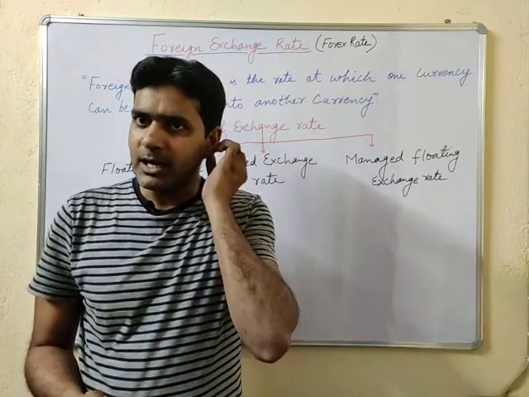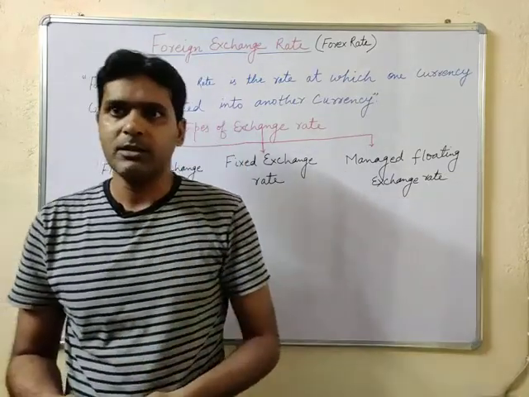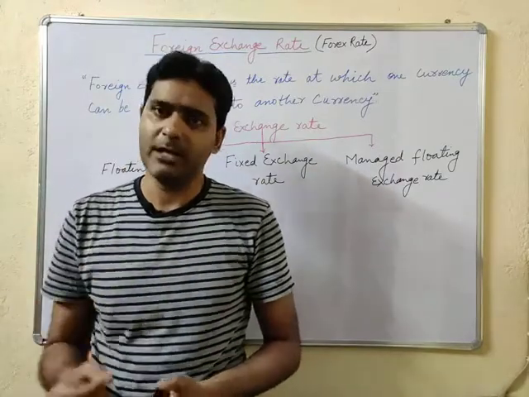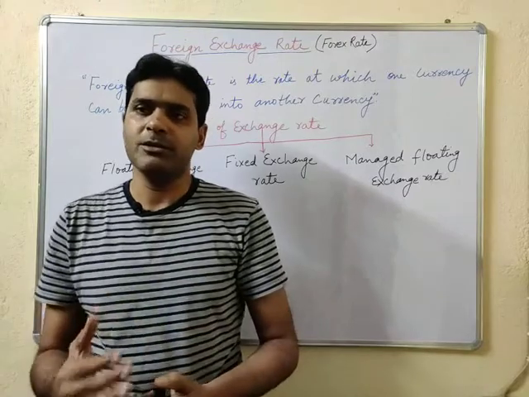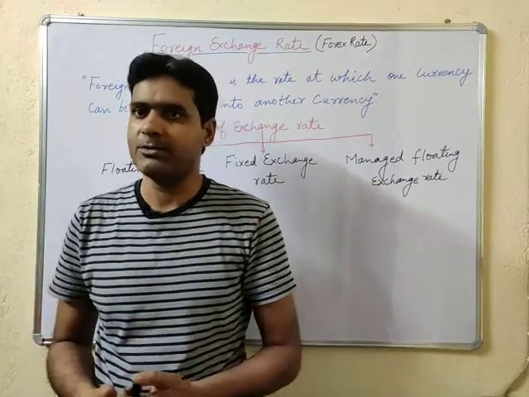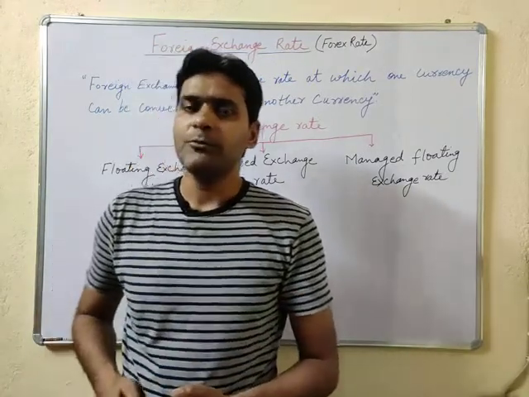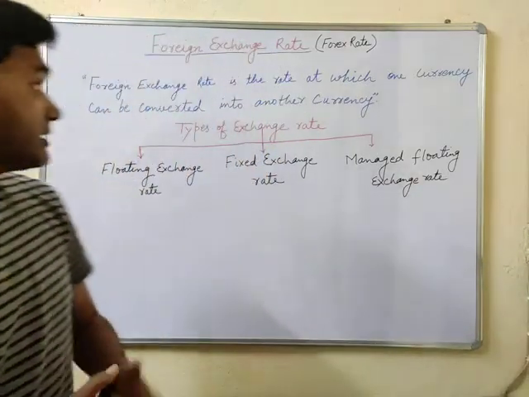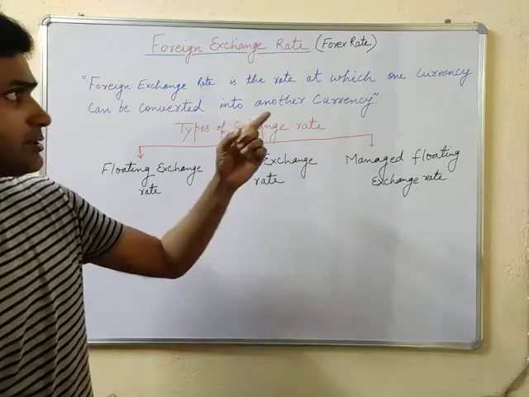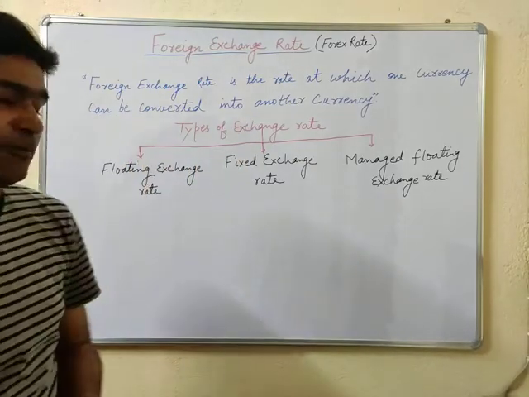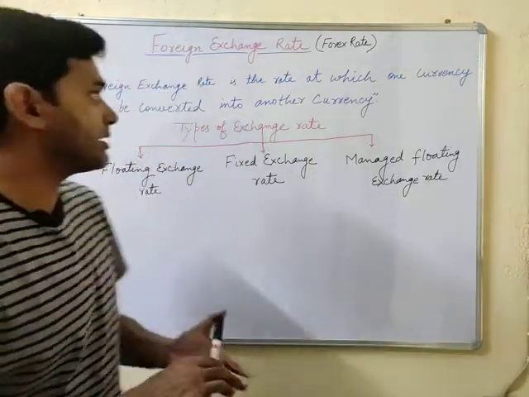And now in today's class we will be discussing the foreign exchange rate and its determination. First we should understand what the foreign exchange rate is. Foreign exchange rate is the rate at which one currency can be converted into another currency.